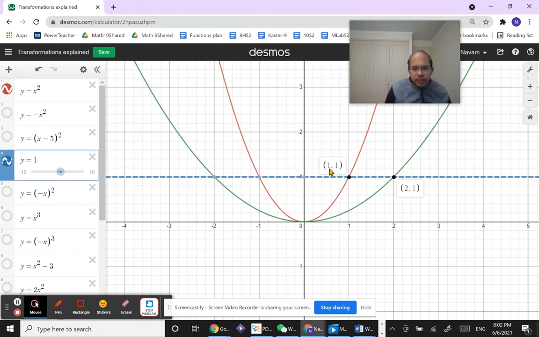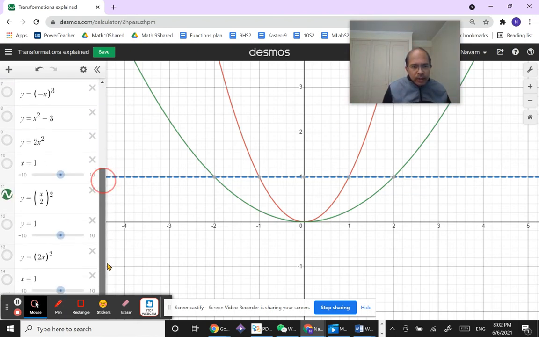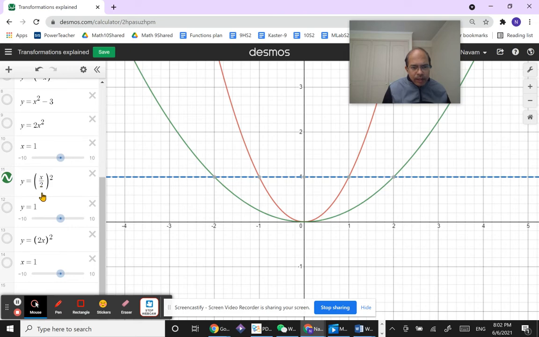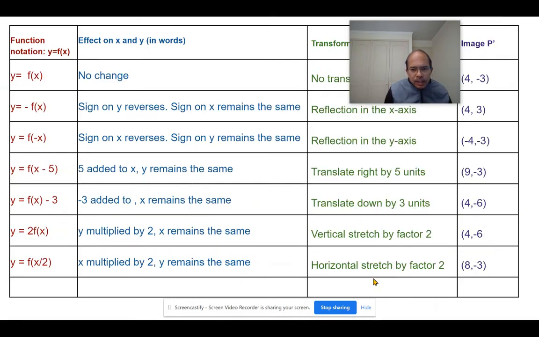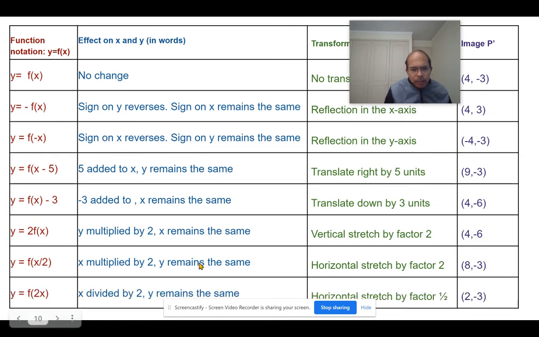You can see that the value of x has doubled in the case of the new curve. So this is called a horizontal stretch by factor 2. Note that even though the function shows x divided by 2, what it means is that x is actually doubling with respect to the original function. And so this can be called a horizontal stretch by factor 2. So x is doubled and y remains the same.